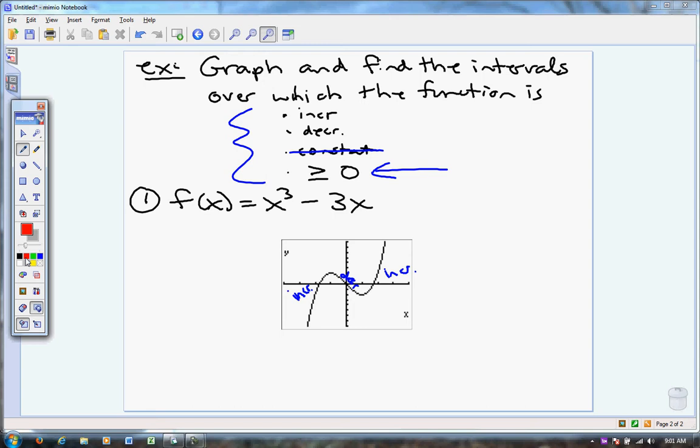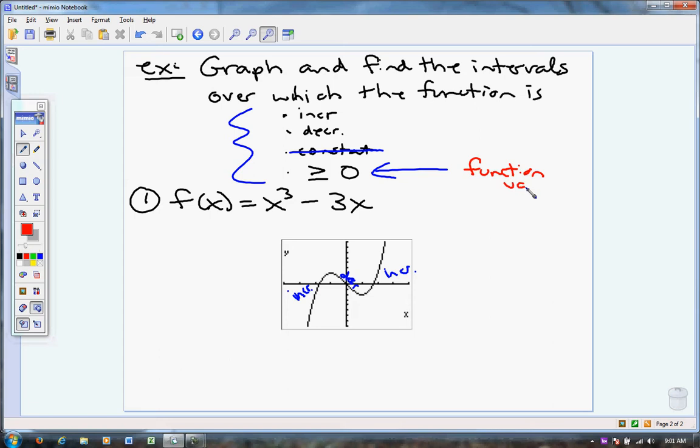This is where the function values, and remember function values are y values, trying to train our mind that function values are y values. So right here, and then right here, right? Those are the places where the function is greater than or equal to 0. Not the x values, where the y values are greater than or equal to 0.